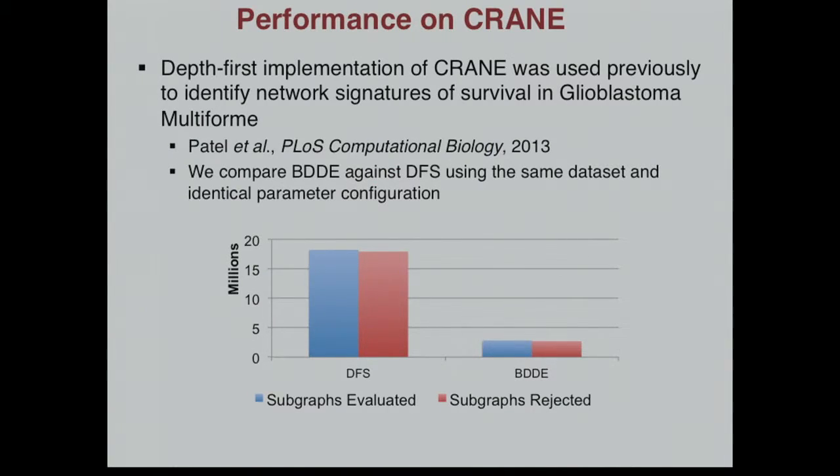Then we also went back to the biological problem that was inspiring for this work. At the time when we published the results of Crane on glioblastoma, we used the original implementation, which was a depth-first search, the depth-first enumeration implementation. Using the same setup, we asked the question, if we did it using Shan's algorithm, how efficient would it be?